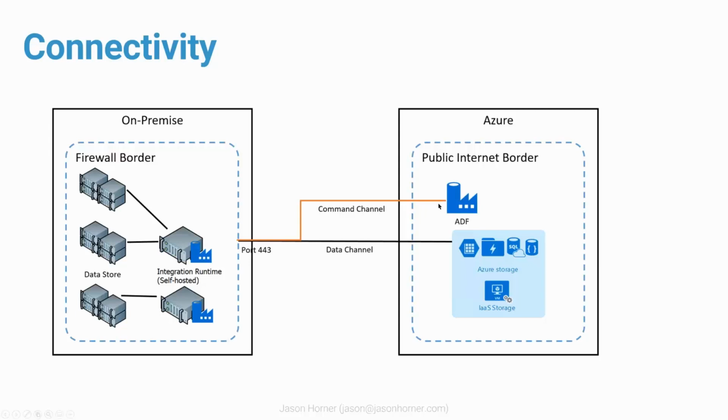But no data is flowing from the ADF. So if my data factory is in West US 2, but let's say my data sources are in East US 2 and in a colo facility, let's say in New York, for example, the data is going to go between that colo facility in New York and East US 2. It's not going to flow through this data factory. So it's important to understand that.